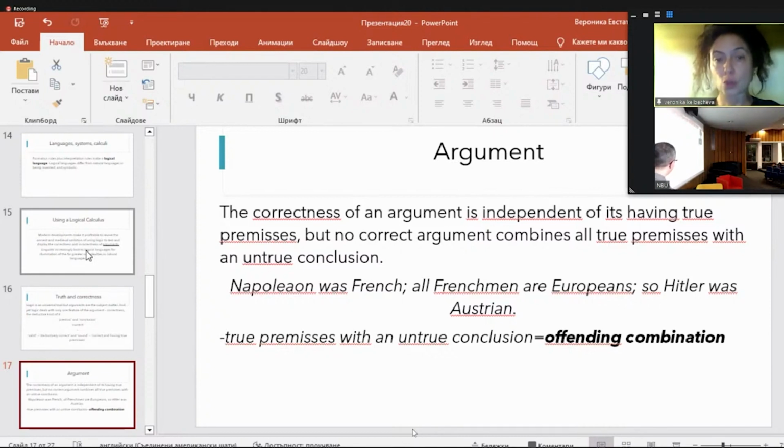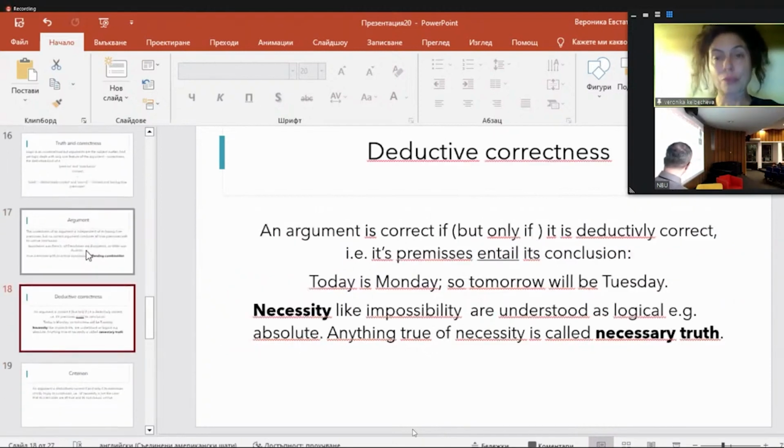True premises with an untrue conclusion are called offending combinations. And yet deductive correctness: an argument is correct if, but only if, it is deductively correct. Its premises entail its conclusion. Today is Monday, so tomorrow will be Tuesday.